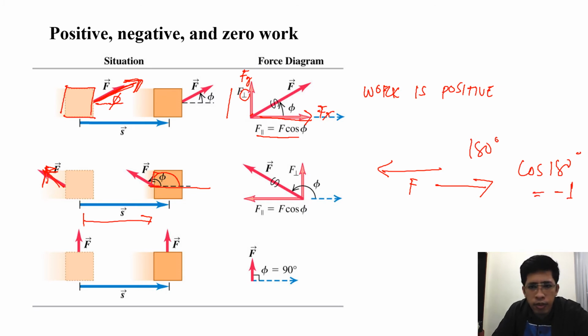So what situations do you think you have negative work? One thing is that if you're going to put down your baby, you're carrying the baby and then you put down the baby downwards. So your force is still upward, because you're still carrying the baby, but the displacement of the baby is just downwards. So that is a negative work. Your force is upward, but you move the baby downwards.